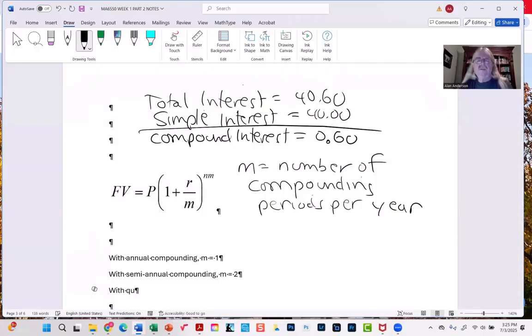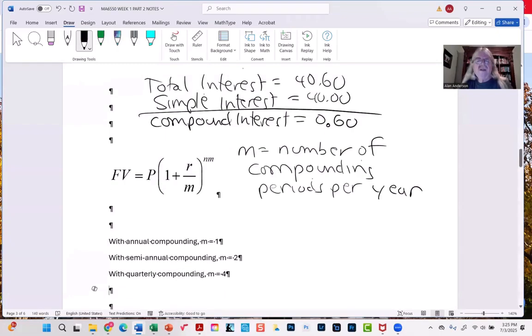With quarterly compounding, M is 4. And then you could have monthly compounding. M is 12. And then finally with daily compounding, M is 365.